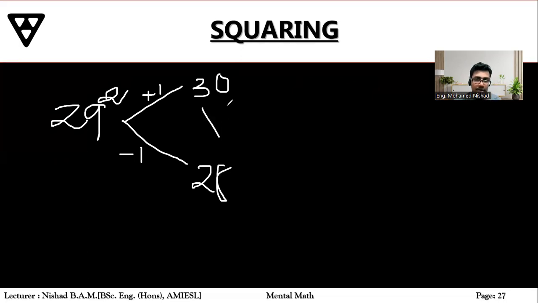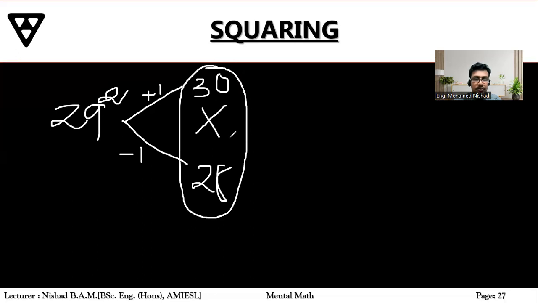Then after, we have to multiply these two numbers together, right? If we do that, how can we do that? 30 should be multiplied by 20 plus 30 should be multiplied by 8. That is how we do that if we are doing this from our mind, right? So maybe you can take out that 0.